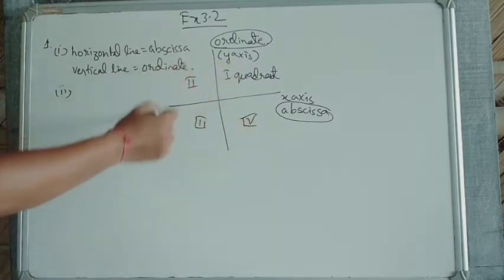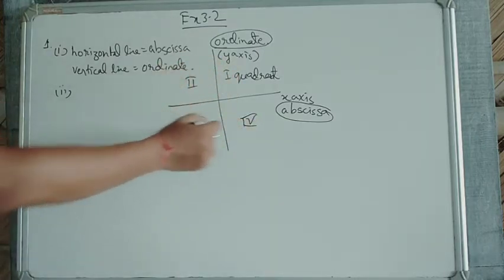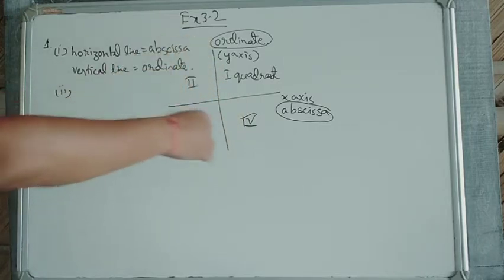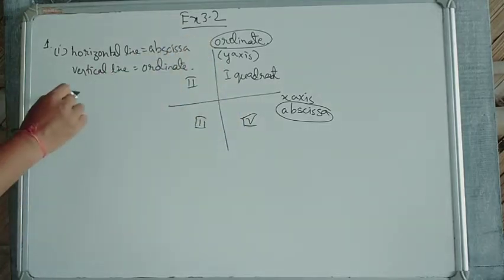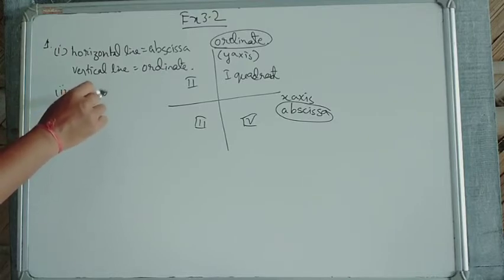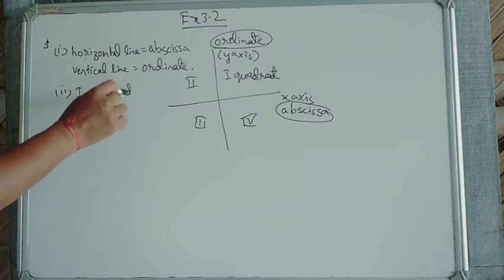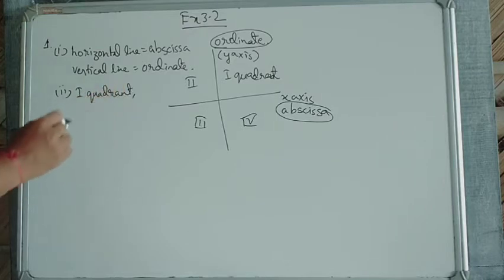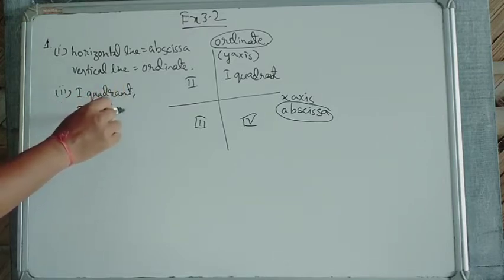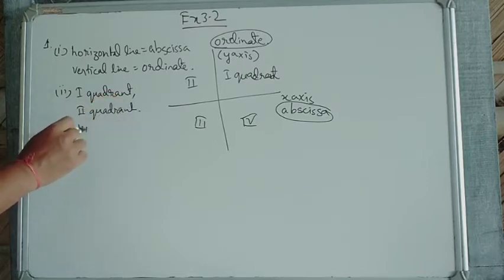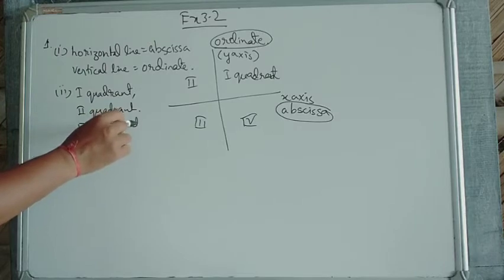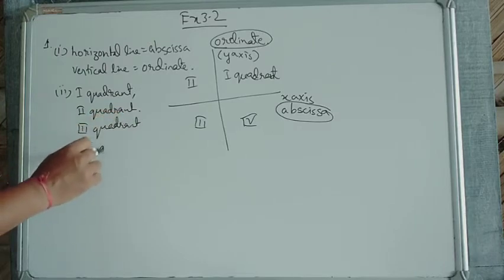You have to go anti-clockwise. So these are the first quadrant, second quadrant, third quadrant, fourth quadrant.